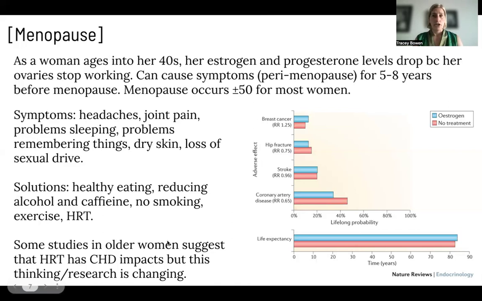And it has been shown that it is not linked to increasing cardiovascular disease, and it is not linked to breast cancer, but it will reduce heart disease. It will increase life expectancy, prevent strokes, prevent bone breakage, as well as treat depression and all these other symptoms. So talking to a gynecologist about that when you get into your 40s, and if you're experiencing these symptoms, would be really important.